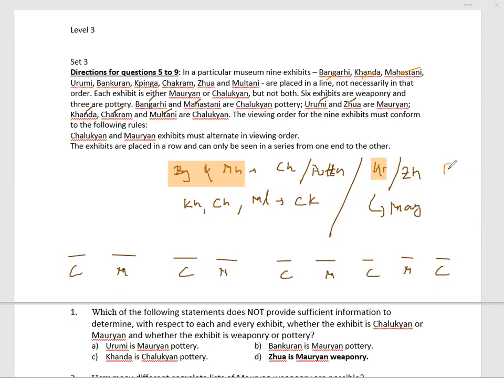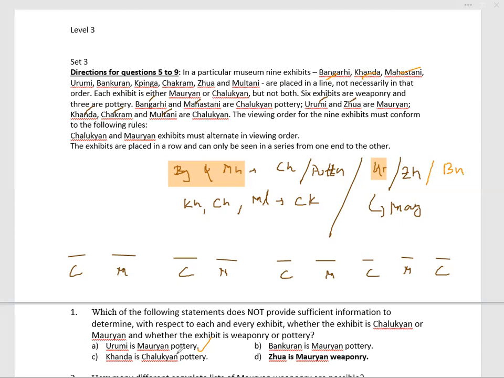BN is also then Mauryan. Indirectly, we have this information because we have got 5 Chalukyan. And there has to be 5 Chalukyan at max, minimum 4 Mauryan has to be there because they are taking alternate positions. So this is Mauryan. And if I have these 3 as pottery, the rest are coming as weaponry. So this information is good enough.